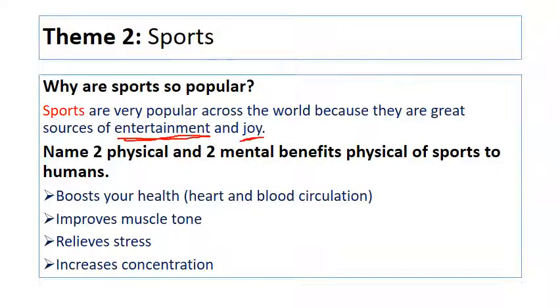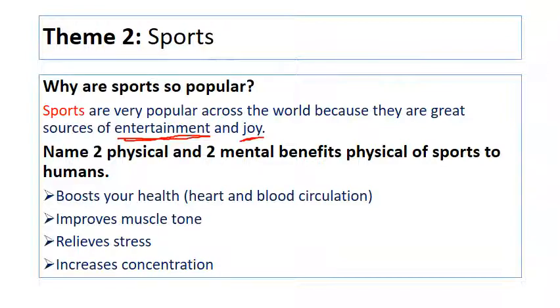Think of the hundreds of millions of people who gather to watch a football match by Barcelona or Juventus or Paris Saint-Germain or Manchester United, or watch a basketball game by the Lakers, or an amazing tennis match.